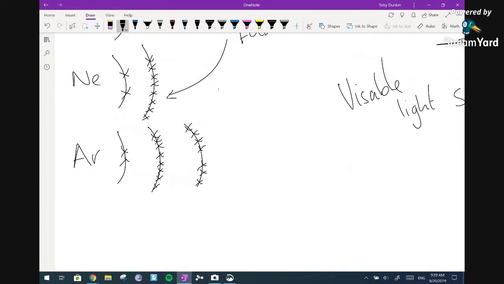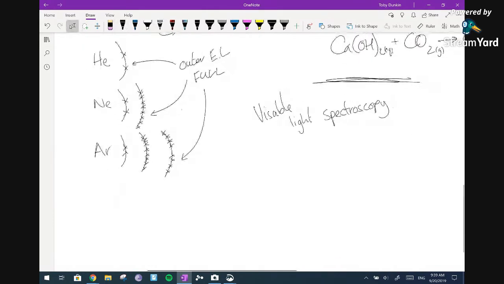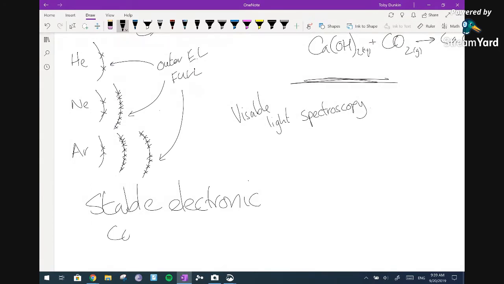Because what I now need you to recognize is that if in an exam they ask you why argon is unreactive, you're going to say because their outer energy levels are full. If you want the more correct answer, the A-level answer would be because they have a stable electronic configuration.